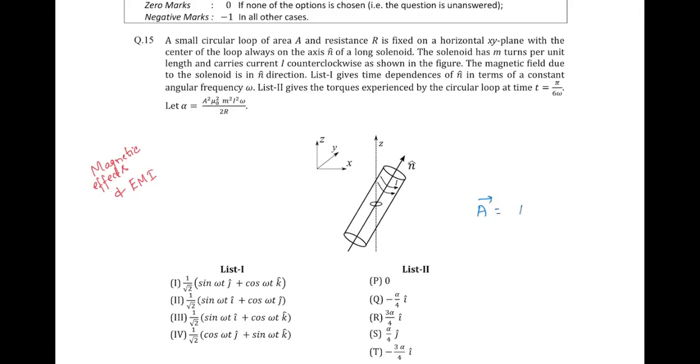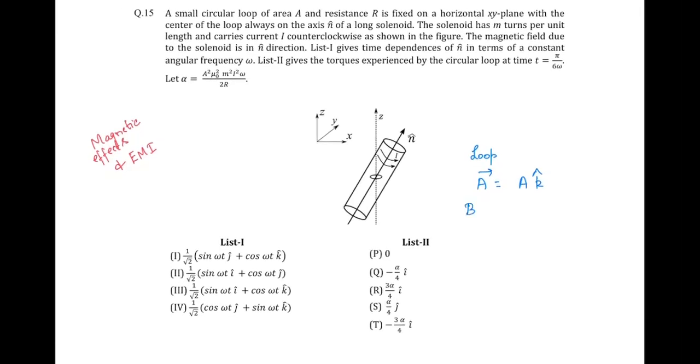That area vector is pointing along k cap, so I'll write it as a times k cap. That is the area vector of the small loop which is present, and that loop is held fixed. So the area vector of the loop is not going to change. It is the solenoid that is rotated, and the flux associated with the loop is going to be changing depending on the situation.